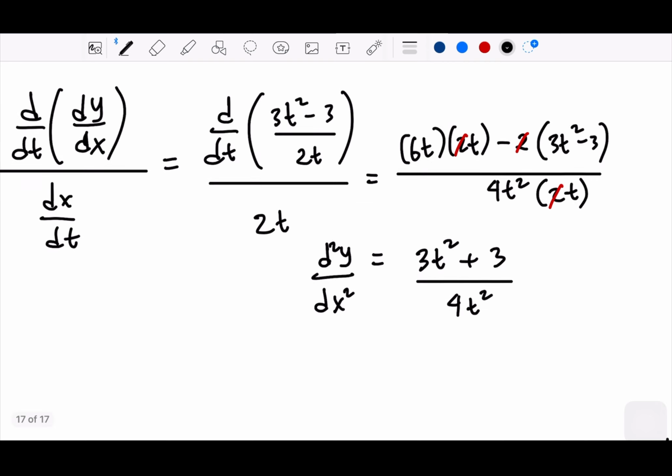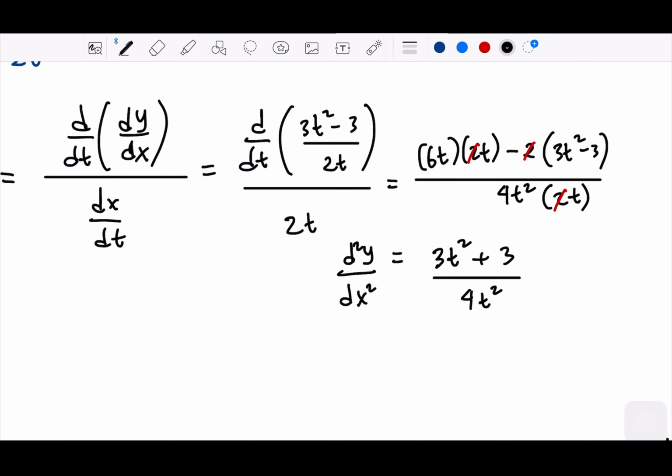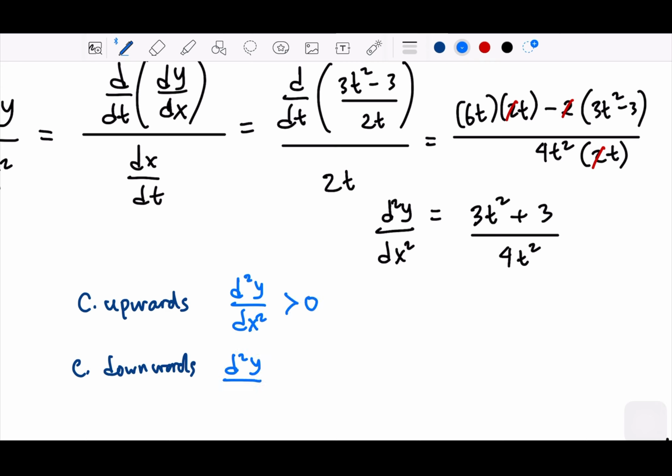Okay. Now this is the second derivative. Now the concavity is related to the second derivative. So concavity upwards, concavity downwards. What's the deal with these two? Concavity upwards is when the second derivative is positive. Downwards is when the second derivative is less than 0, or negative.